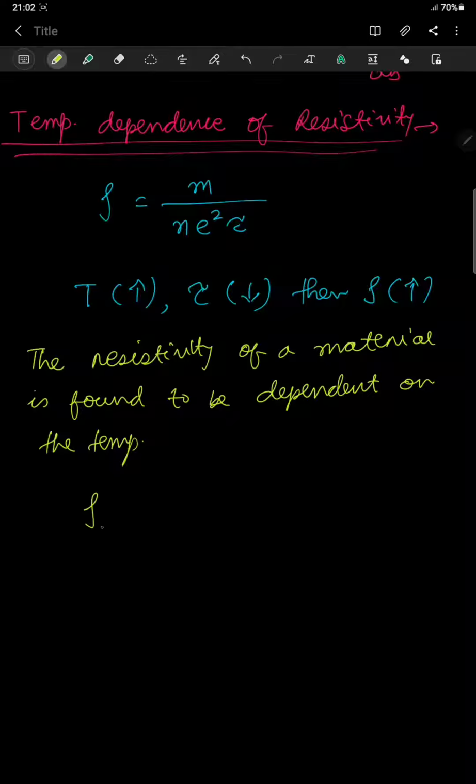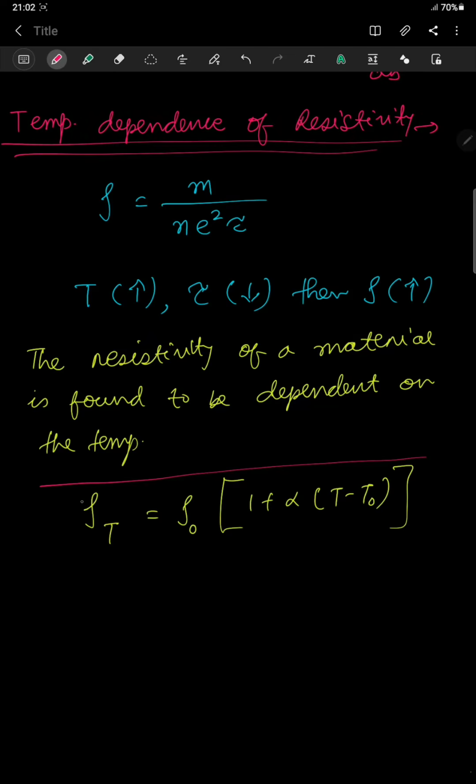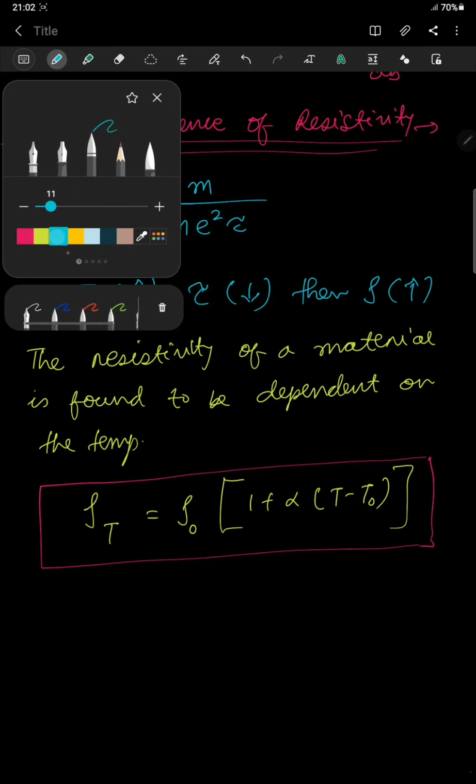So how is it related? Rho T is equal to rho naught into 1 plus alpha within bracket T minus T naught. So this is the expression for resistivity variation with temperature. This is very, very important. Many problems come for this. So you remember this one.